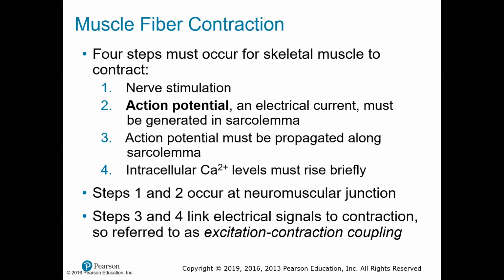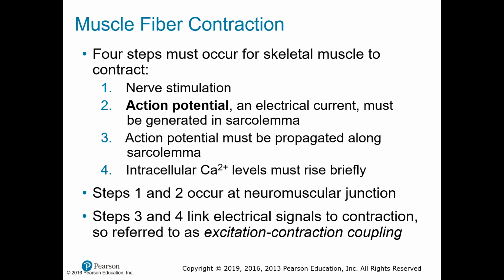We have to send that charge across the cell membrane and down into the cytoplasm of the cell. And then that charge actually triggers the release of calcium from the sarcoplasmic reticulum.